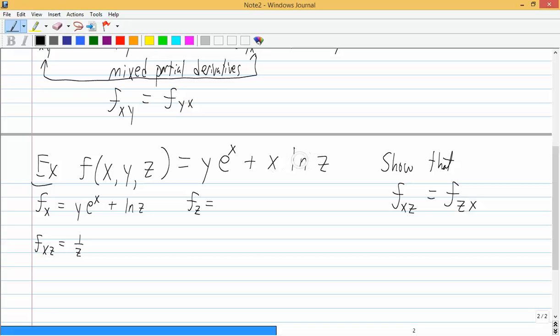The derivative of the natural log of z is 1 over z. So that's just x over z. Right? Now let's take the derivative of that with respect to x. So this will be f sub z x, the second partial derivative.